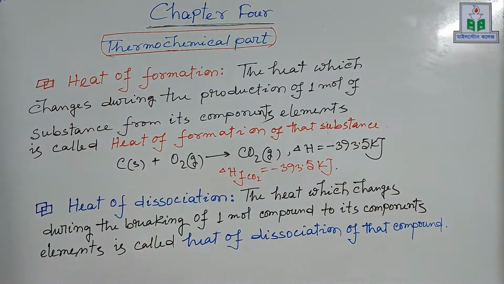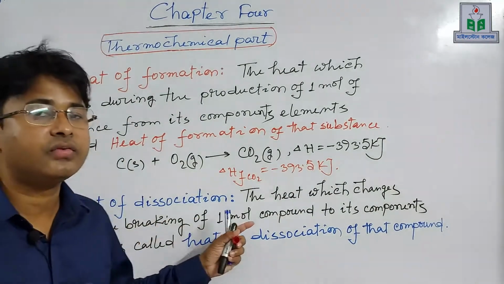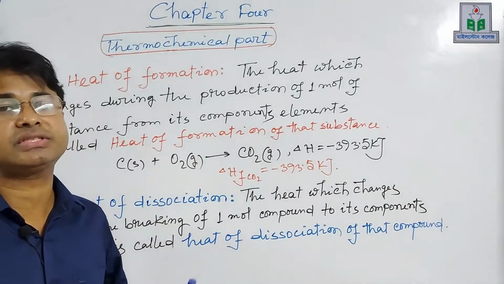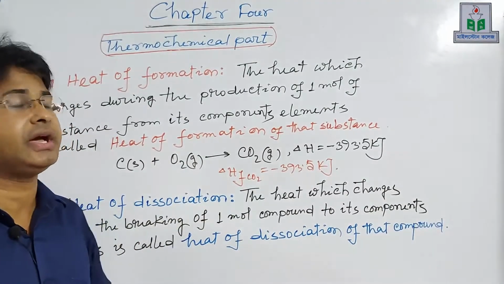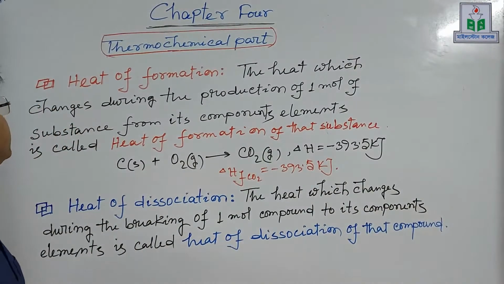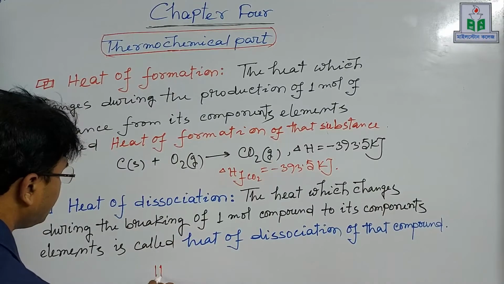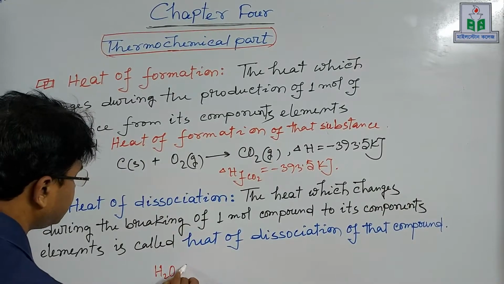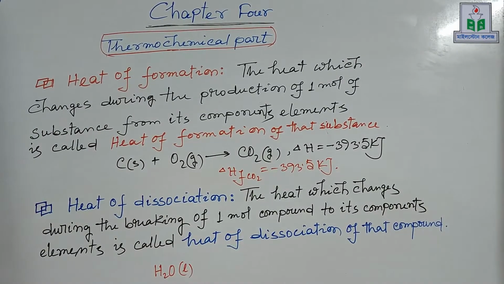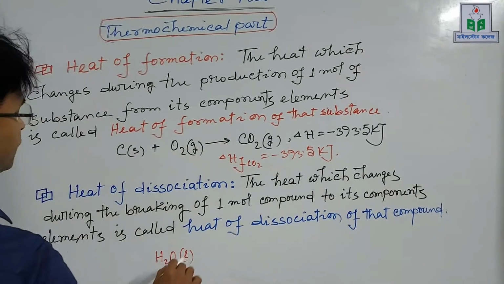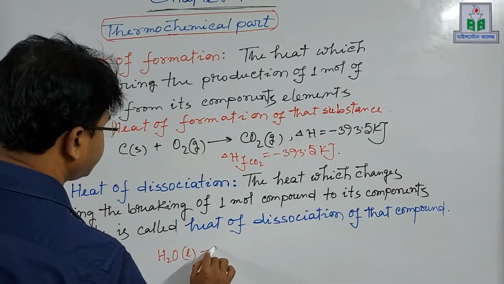Okay, again look at the whiteboard. This is heat of dissociation. Heat of dissociation is actually just opposite to the heat of formation. If I show you an example, suppose 1 mole of liquid water, if I pass electricity through the 1 mole of water, this reaction will occur.